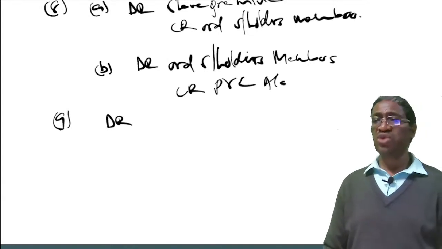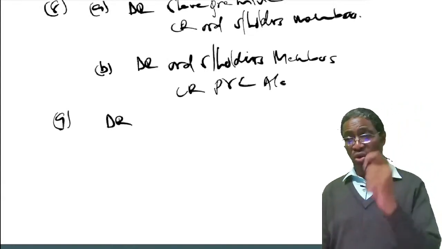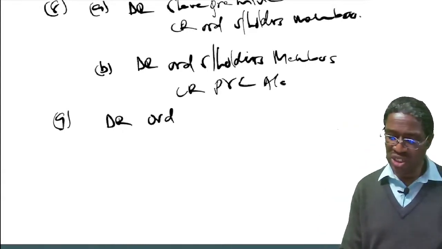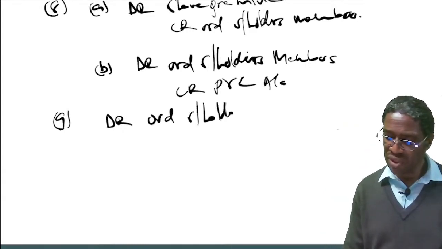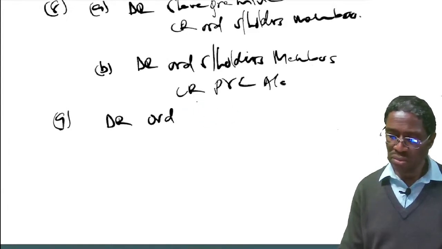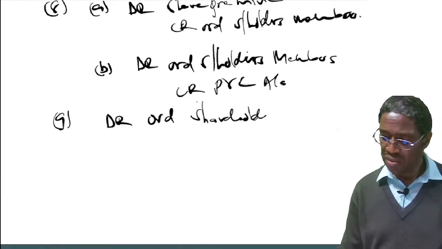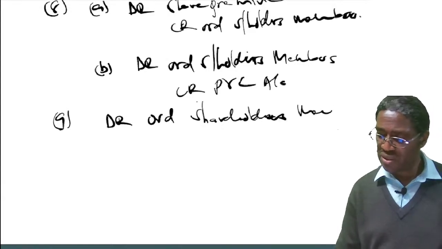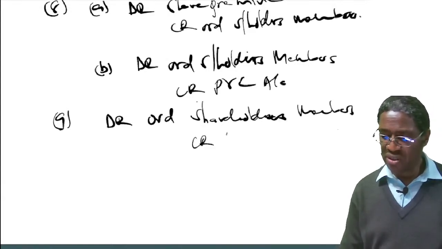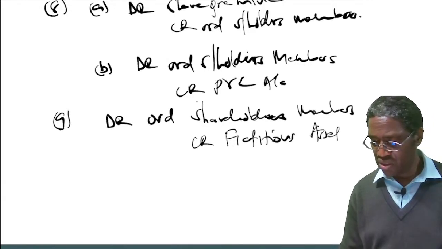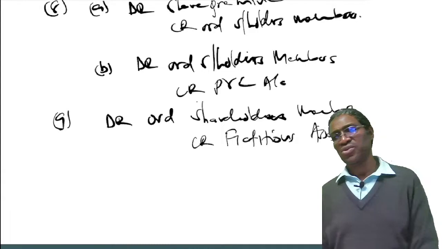Transfer fictitious assets to the ordinary shareholders members: you debit ordinary shareholders members, you credit fictitious assets. Good. That's how far we have gone.